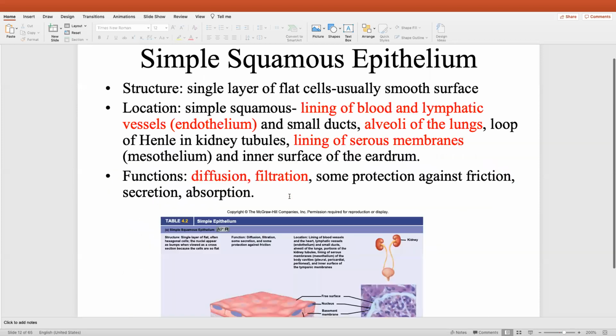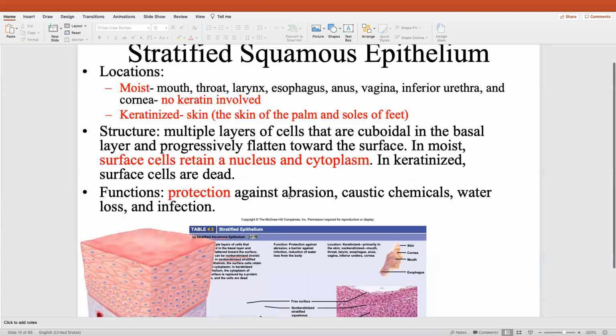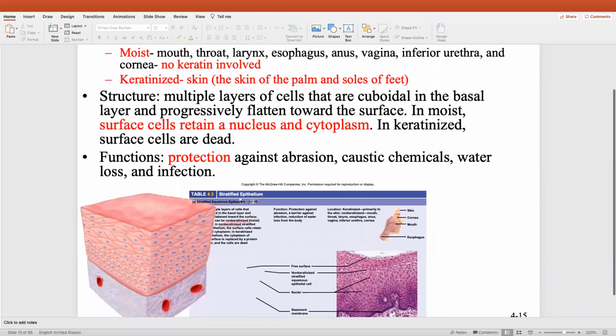So going back here to our stratified squamous cell. If you look at the stratified squamous cell, this is the apical free surface. This is the basal surface where the basement membrane is. If you look at the cells next to the basement membrane, the basal cells, the stratum basale cells right here, look like cubes, right?